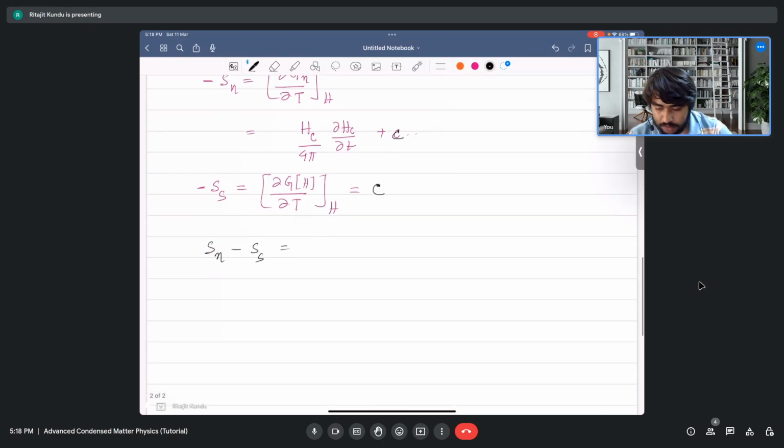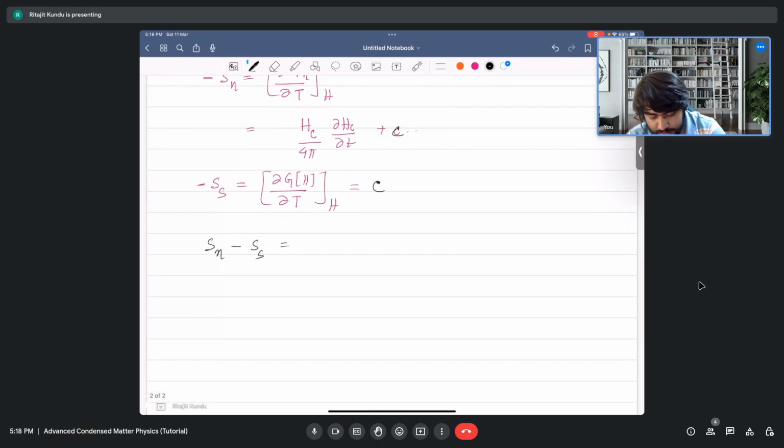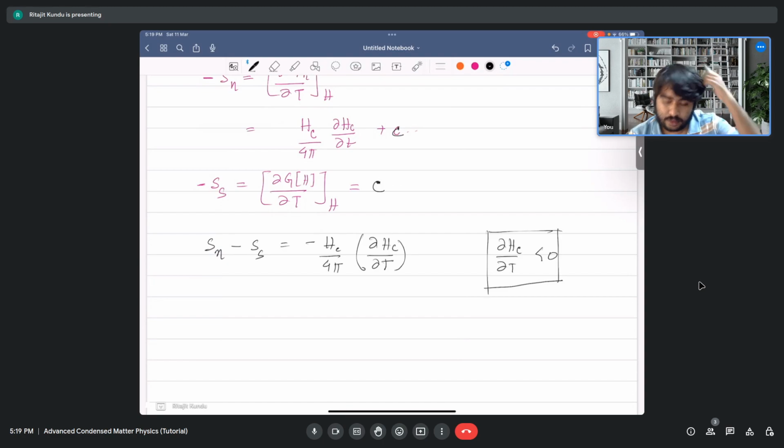Anyway, so this is clearly given by minus Hc by 4 pi times del Hc del T. Experimentally what is observed is that this del Hc del T is negative.